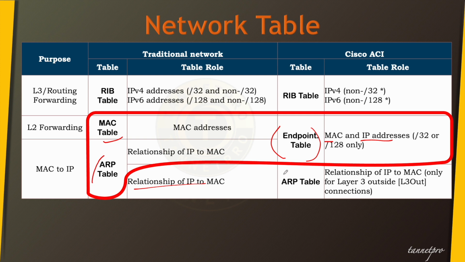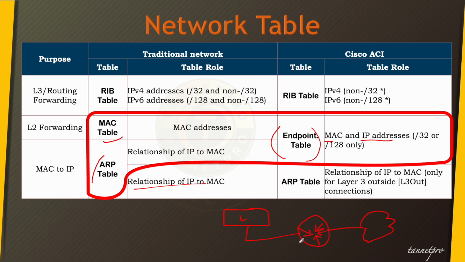But here in ACI infrastructure we maintain it for a specific purpose. Let me explain. Here is your leaf switch, and the leaf switch is connected to a router, and that router is connected to your service provider or ISP, the internet cloud.